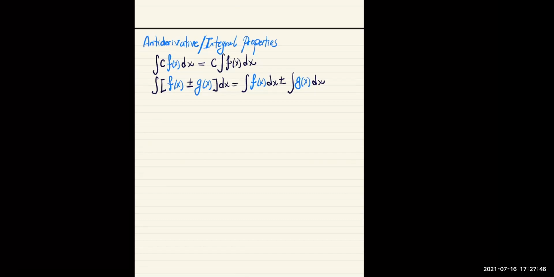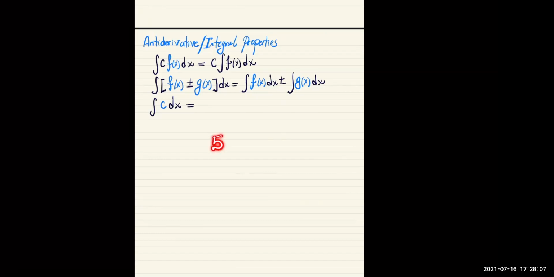Let me also talk about the antiderivative of a constant. If I have the antiderivative of just a constant with respect to x, again, don't think too hard. You ask yourself, for instance, the antiderivative of 5.